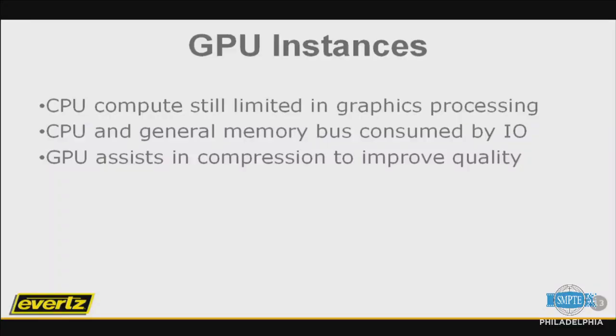CPUs still can't process graphics nearly as well as GPUs, and what we're finding now with uncompressed IP, the memory bus is consumed with just dealing with the TCP I/O because there's so much encapsulation and de-encapsulation. And for compressed systems, the GPU helps us with compression because having multiple streams in and multiple streams out is very CPU intensive, and it can be better done by the GPU and improve the quality of your streams.